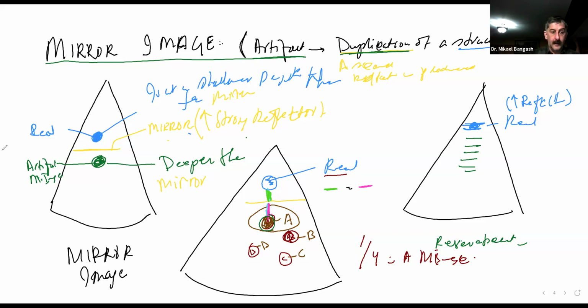Next thing will be that the distance between the real structure and the mirror is going to be equal to the distance between the mirror image and the mirror. Did you guys get that?